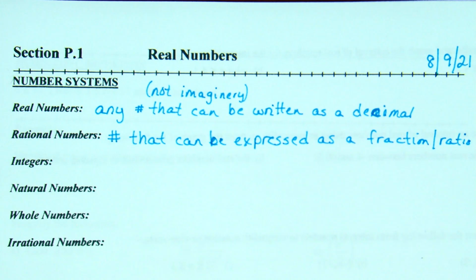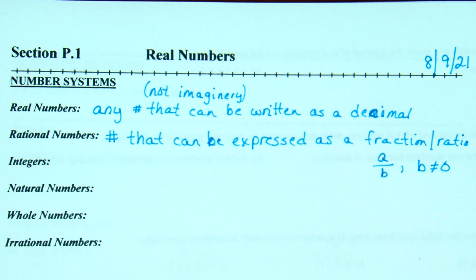You will usually see it in a definition like A over B, where B cannot equal 0. We would say B cannot equal 0 because denominators can't be 0, right? Okay, so real numbers are everything. Rational numbers is a subcategory, right? So all rational numbers are real.